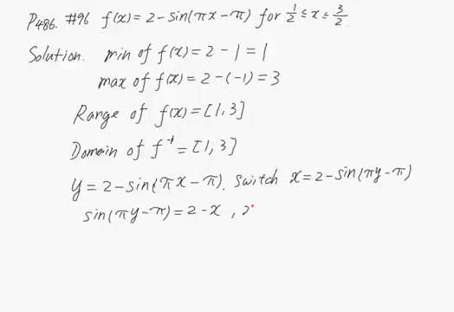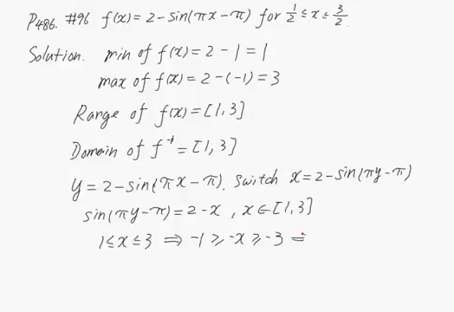So here x belongs to this closed interval. That is to say x is greater than or equal to 1 and less than or equal to 3. Then we need to find the range for 2 minus x. We just multiply each part by -1. We get -1 greater than or equal to -x, which is greater than or equal to -3. And then we add 2 to each part.